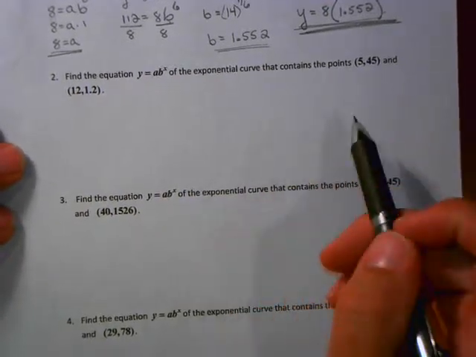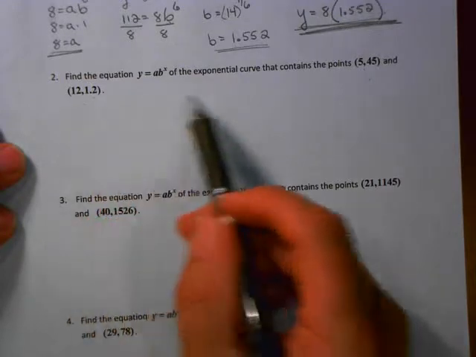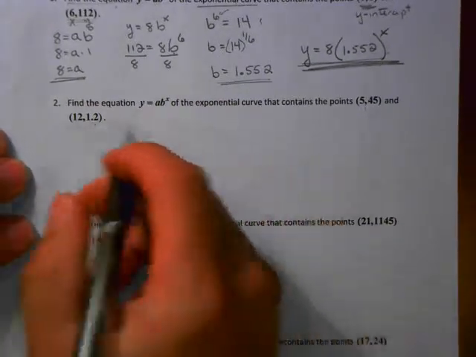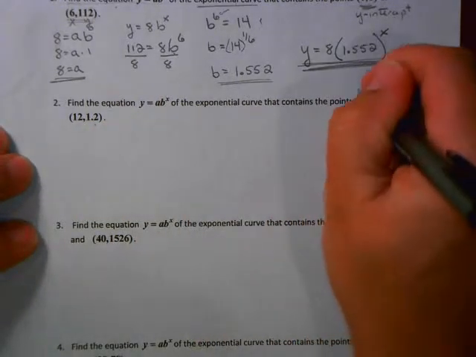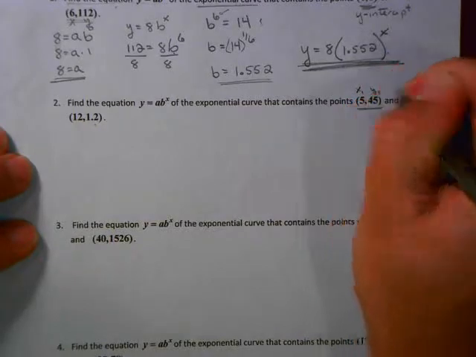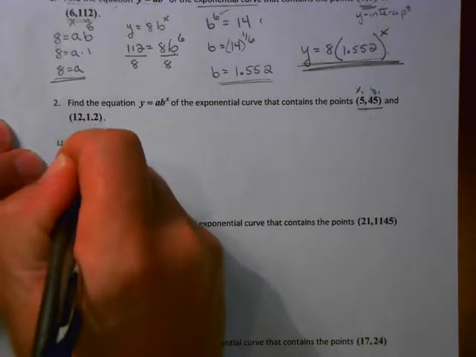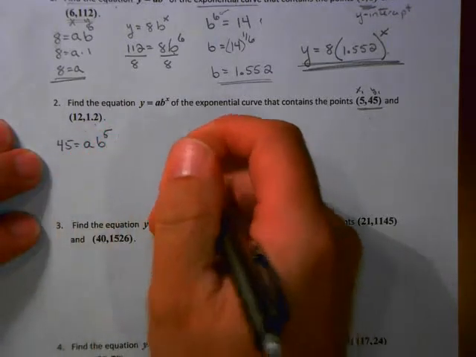For number 2, notice we don't have the y-intercept, so I'm going to have to go through, and for my first point, my x, my y, I'm going to label this one x1, y1. So my y is 45 equals a b to my x of 5.